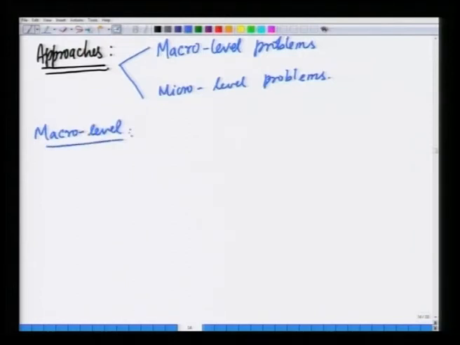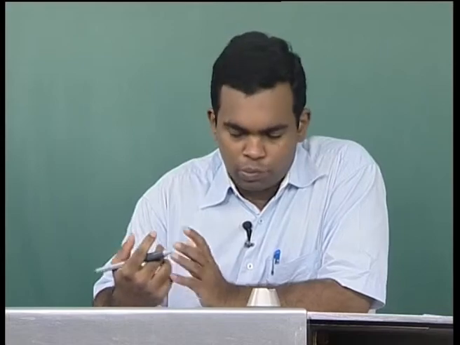Okay. So, here in macro level problems, the goal is to predict some overall features of the flow. For example, what is the overall power required to pump a fluid, and we are typically not interested in the detailed nature of the flow that is happening inside the process equipment. Okay.